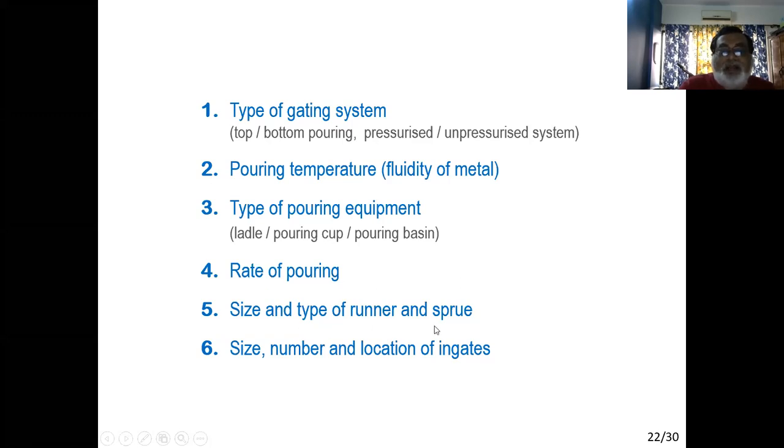Size and type of the runner. In fact, this will control the whole gating system. We will design the gating system based on a particular pouring rate. Size and type of the runner and sprue, size, number, and location of inlet. So while designing, we'll firstly consider this thing, then we'll design this one and these two based on these four.